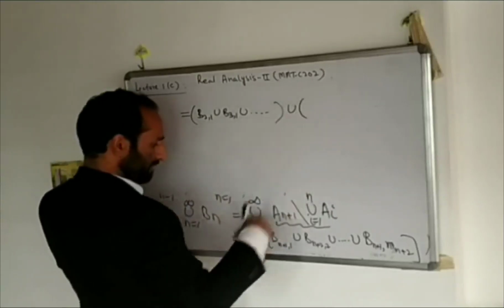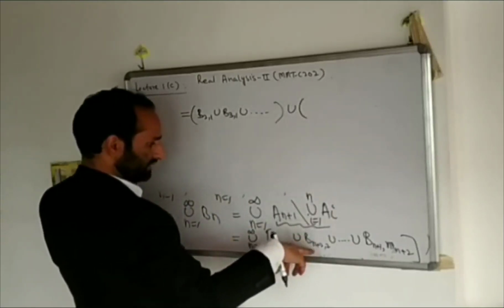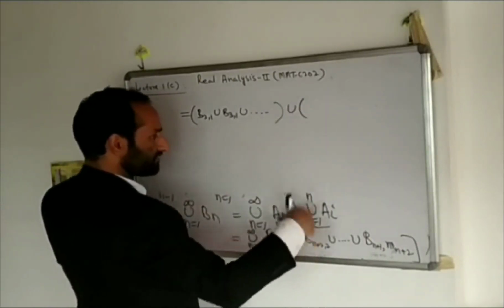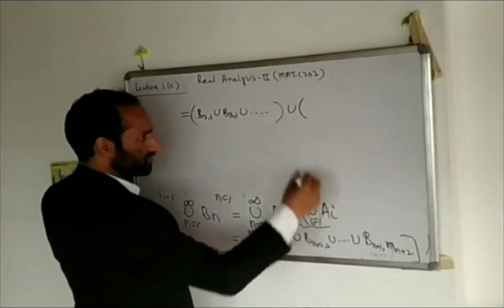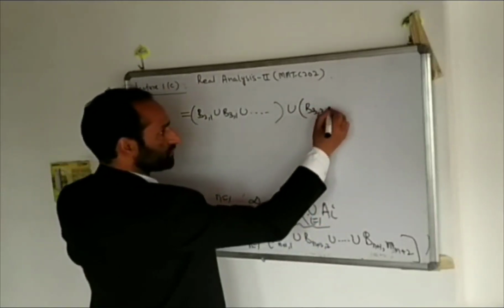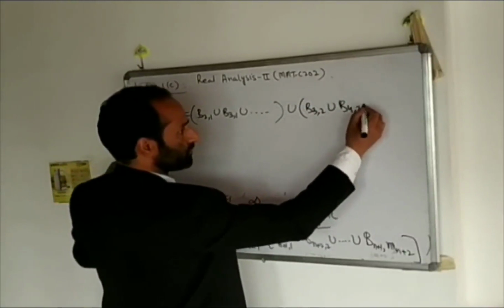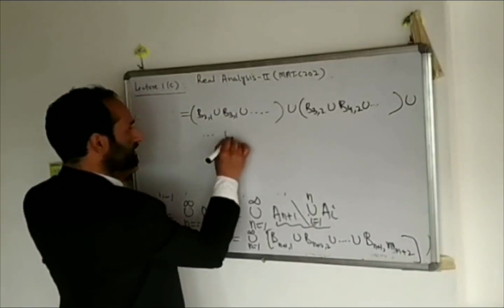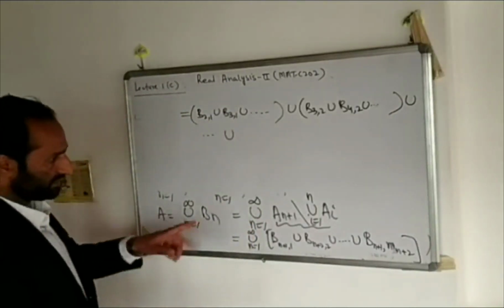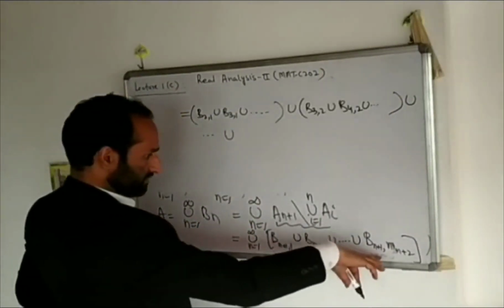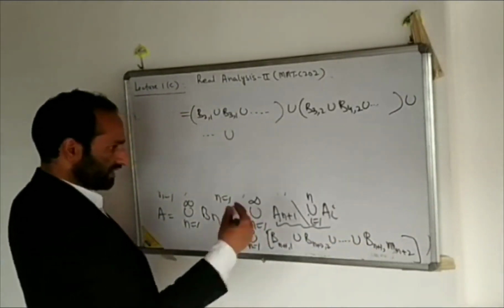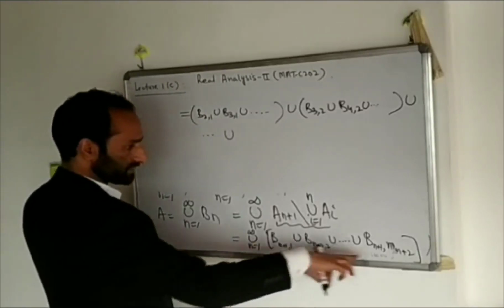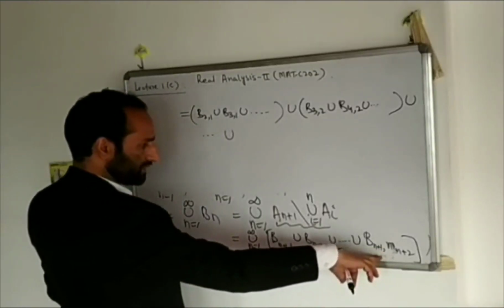It's B here, 1 plus 2, that's 3: B(3,2) union B(4,2) union, so on up to infinity. And continue this union. At this last stage, the n plus 2th stage, in fact, it's equal to n is 1 first.